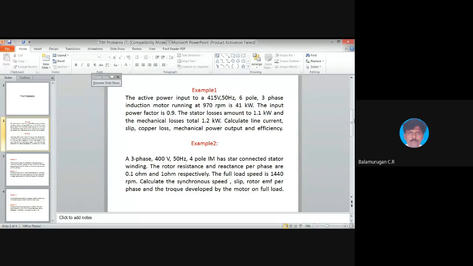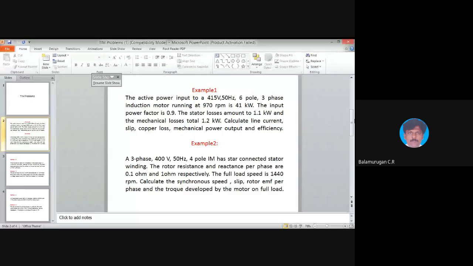When will the slip be absent? When the slip will be 0. Ideal condition. Okay, ideal means starting condition. Ideal means you are trying to start. Okay, good. So during running condition you can use this equation.